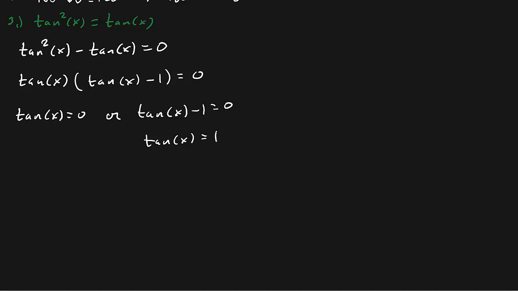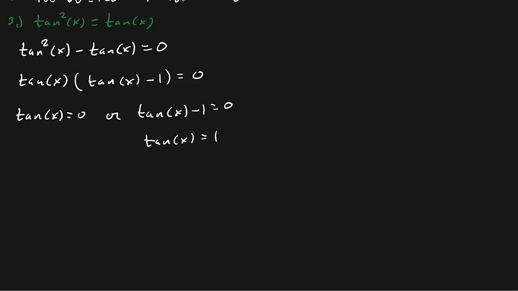All right, so take each one of them and solve them. Tangent x equals 0. The tangent of what is equal to 0? There's a couple of ways that you can look at this, and I'm going to go ahead and show you both of them.